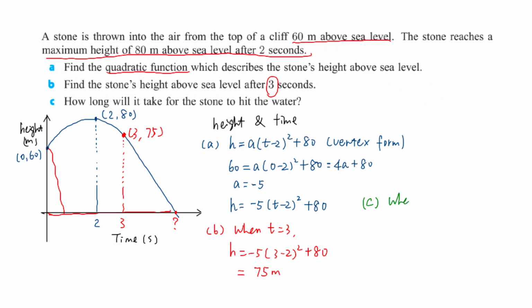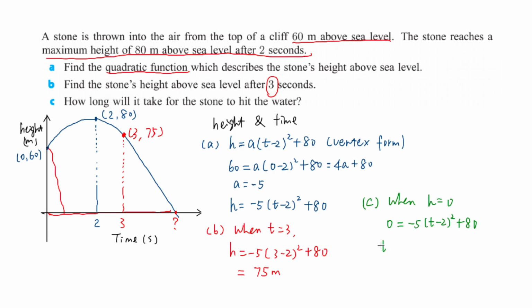When h equals 0, we can substitute into the quadratic function: 0 on the left side, and the right side is negative 5 times (t minus 2) squared plus 80. This is a quadratic equation written in the completed square form, so we can subtract 80 on both sides and then divide by the coefficient negative 5 on both sides.